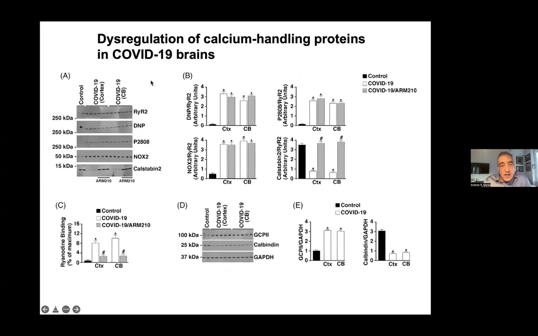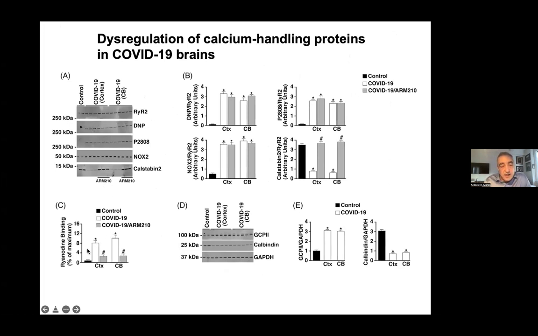We then looked again at the ryanodine receptor shown here in the brains of the COVID-19 patients, and found it to be oxidized, phosphorylated, and nitrosylated. And we could also prevent that by treating the brain tissue ex vivo with another Rycal drug called ARM210, as shown here.